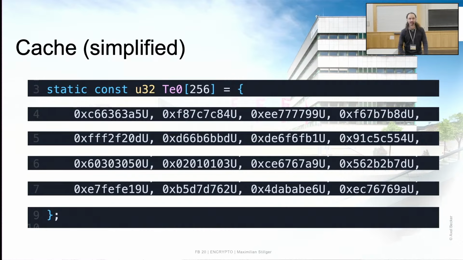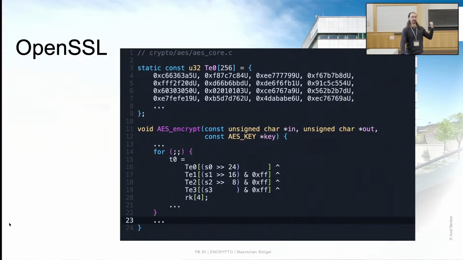What consequences does this have? Remember the code we had before, where we want to encrypt something with AES, and we have some kind of key, which is in this S0 and S1. You don't need to know the specifics here, but essentially S0 and S1 are the stuff we want to protect.